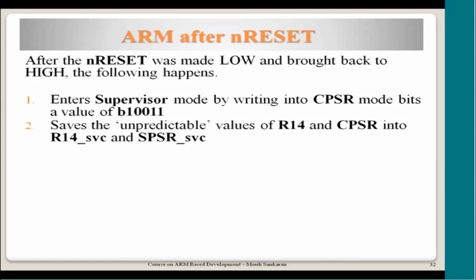Okay, so what happens on reset is that whatever value is saved in R14 and what is currently in the CPSR is copied into these two registers, because it is getting two additional registers, R14_SVC and SPSR_SVC, in the supervisor mode.